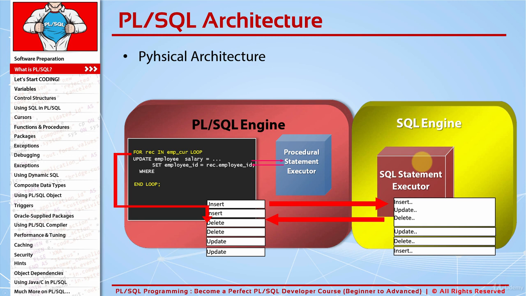For example, if you have any DML operations inside your PLSQL code, it is sent to the SQL engine. And your DMLs are done in here. After these DML operations, the result is returned to PLSQL engine, as we can see with this arrow. If you query from a table, your result is returned to PLSQL engine, then your PLSQL code can do any programmatic operations in PLSQL engine.